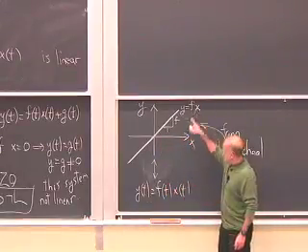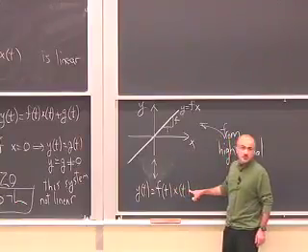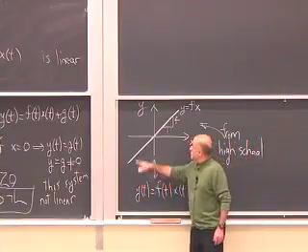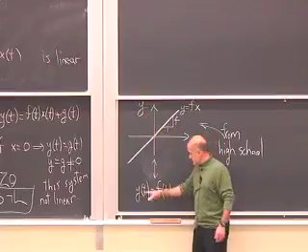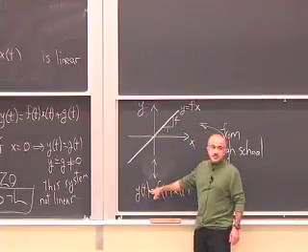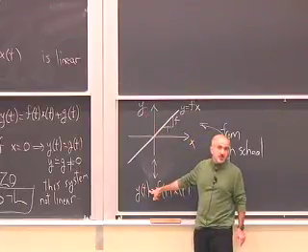Now when we say x is 0, we mean an entire signal is 0. And when we say y is correspondingly 0, it means y, viewed as an entire function of time, is 0.